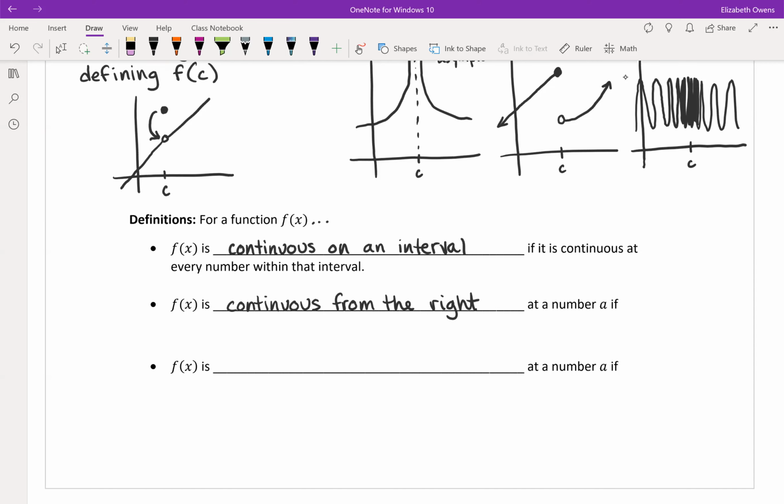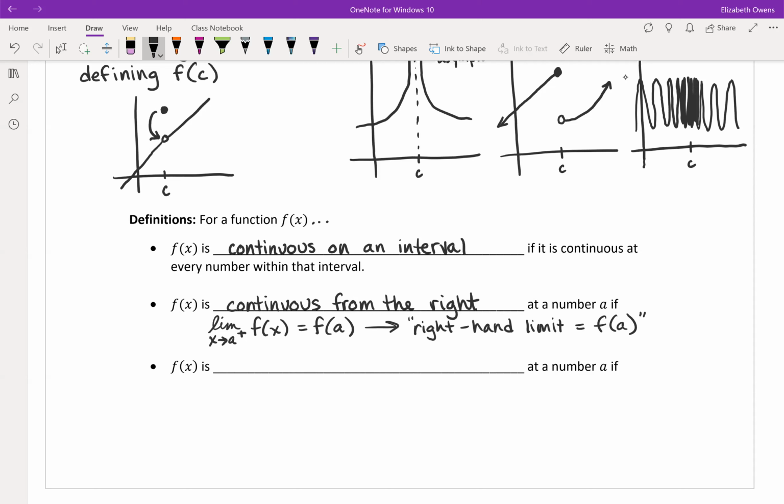So this is true if the limit as x approaches a from the right of f of x equals f of a. So that means the right-hand limit matches up with the function value. Okay, so that's where we have continuous from the right with the right-hand limit.